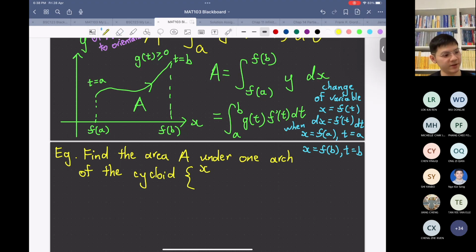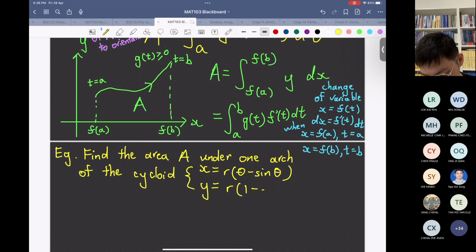This particular curve we call a cycloid, which is the one I asked you to derive last time. I will pull out the solution. So let's say these two parametric equations are given, and we want to find the area under one arc.